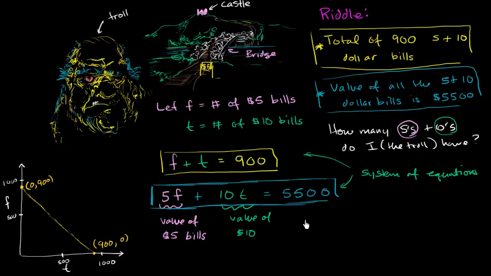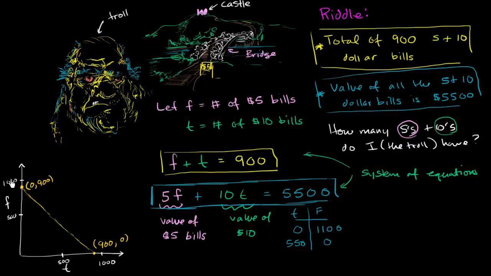For the second equation, if I have no 10s, I have 5f is equal to 5,500. F will be 1,100. I must have 1,100 5s. If I have no 5s, and I have 10t is equal to 5,500, that means I have 550 10s.